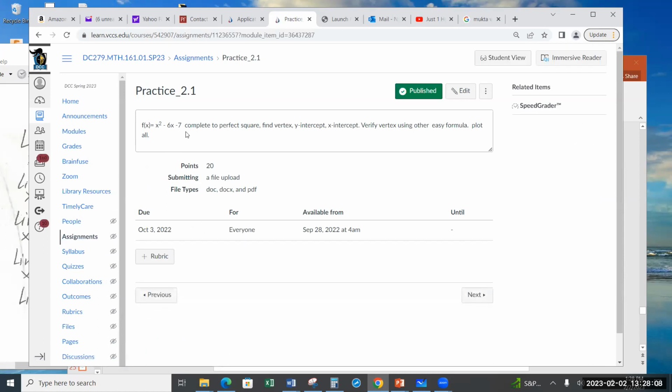Well, this is an easy one here. You have f(x) equal to x squared minus 6x minus 7. You complete the perfect square, find the vertex, y-intercept, and x-intercept, and verify the value of the vertex using the other method, saying h equals negative b over 2a, then k is equal to f(h). Just follow exactly what the lecture did. You should have no issue. We'll stop here.